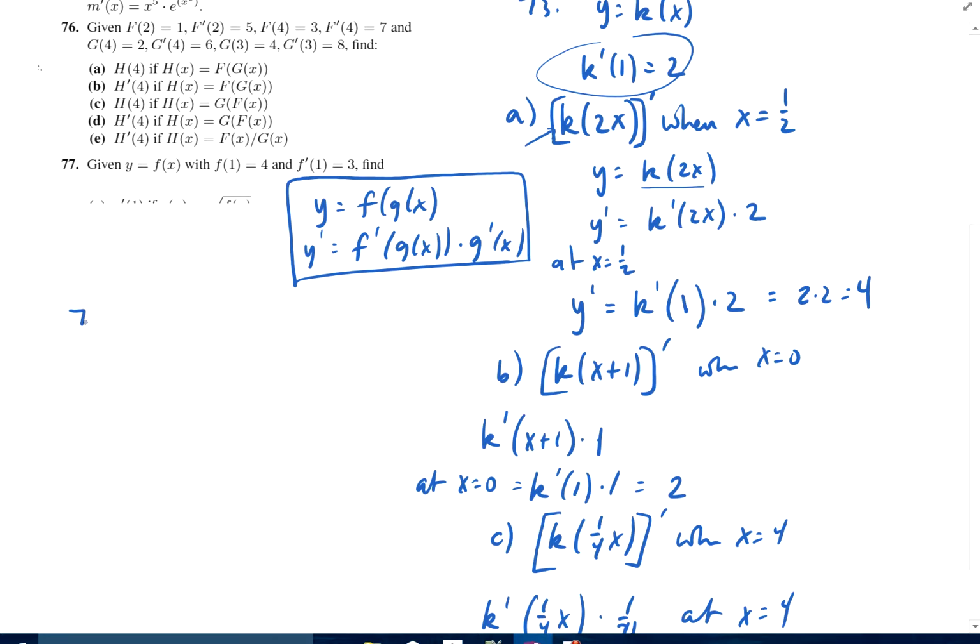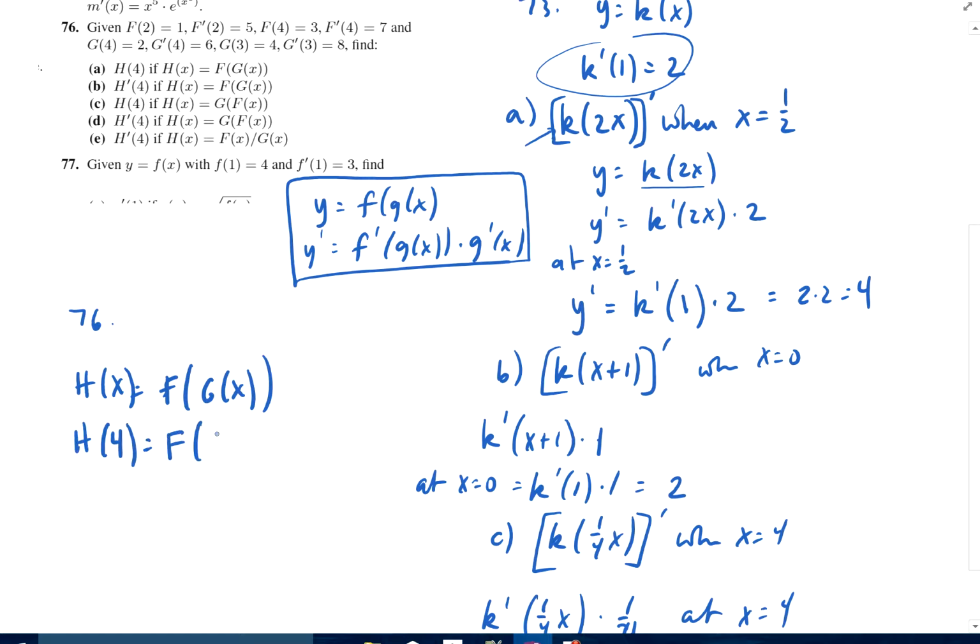Okay, so 76 is the same type of problem. It says we want h of 4 if h of x is f of g of x. So we want h of 4.